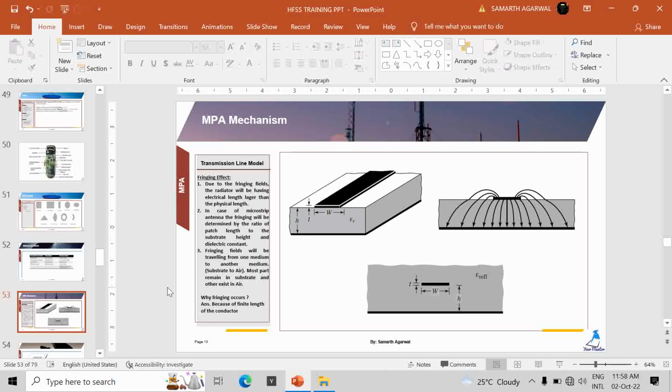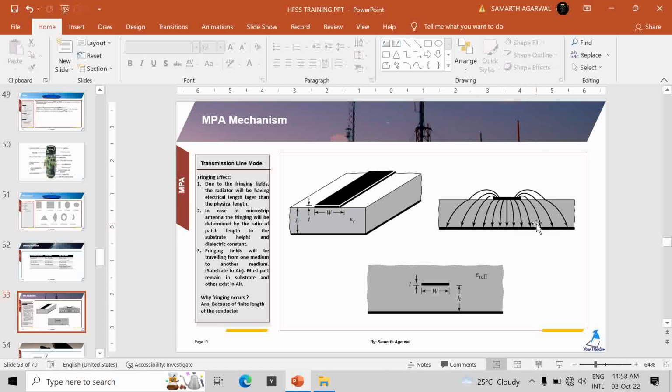Basically, fringing fields occur mainly because we are using a finite conductor. Since it is a finite conductor and open ended at the end, the field will come out from the conductor and it will be confined to the substrate, as you can see in the second image.